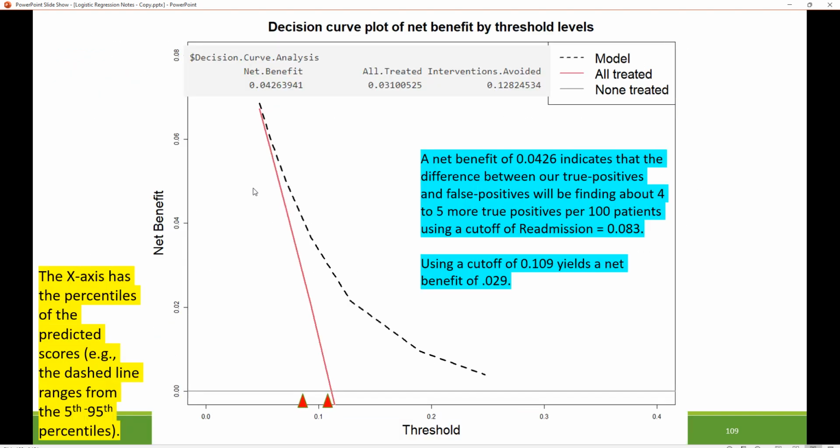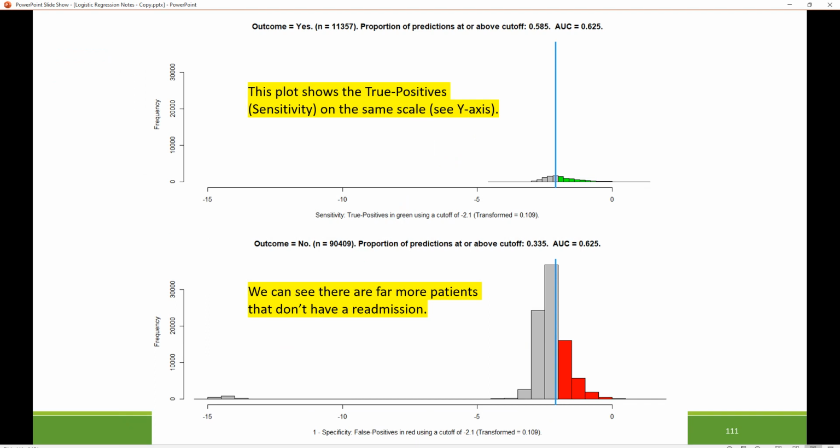If we go back to that graph again, now they're both on the same scale. The y-axis for both graphs, the top and the bottom, ranges from 0 to 30,000, and so we can see that the number of patients that are going to get readmitted is a much smaller number. So this plot shows the true positives on the same scale, so we can see exactly how many patients we're working with.